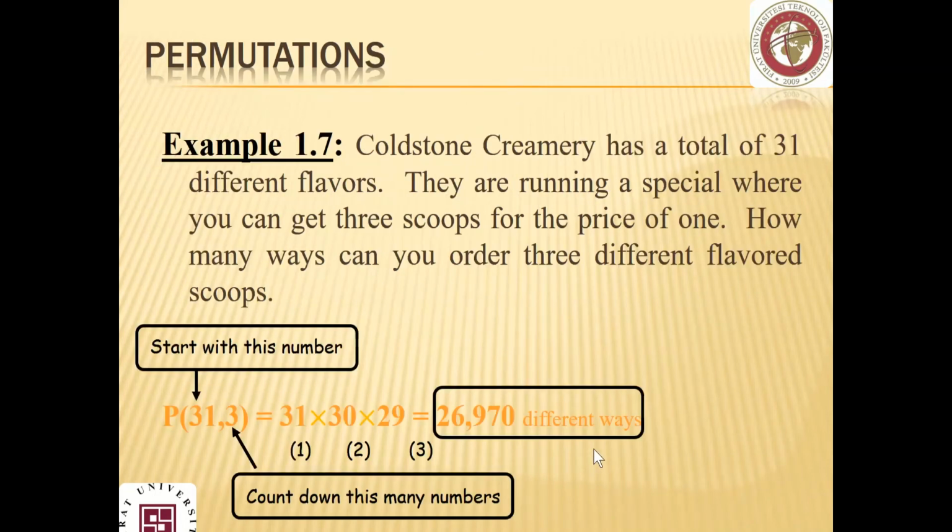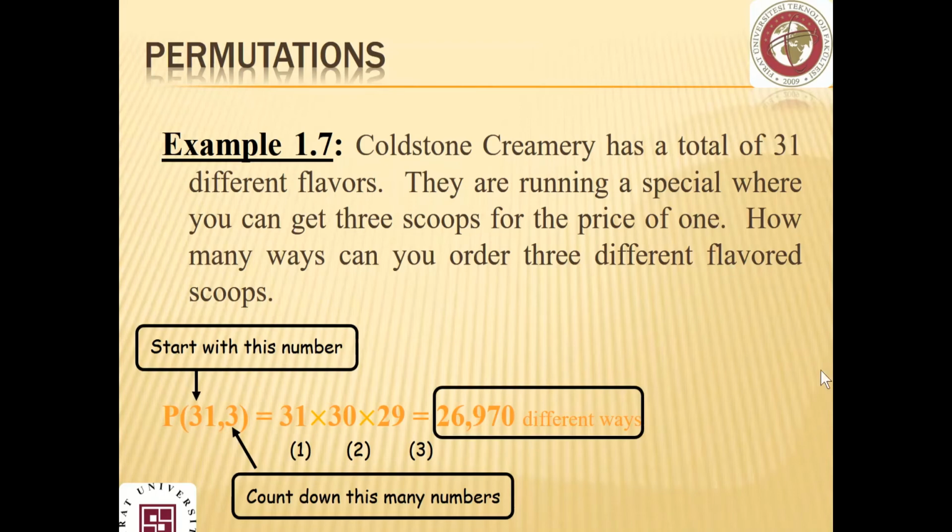Okay, so let's take a direct example. Cold Stone Creamery has a total of 31 different flavors. They are running a special where you can get 3 scoops for the price of 1. How many ways can you order 3 different flavored scoops?